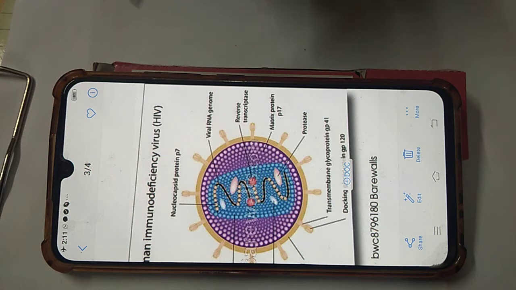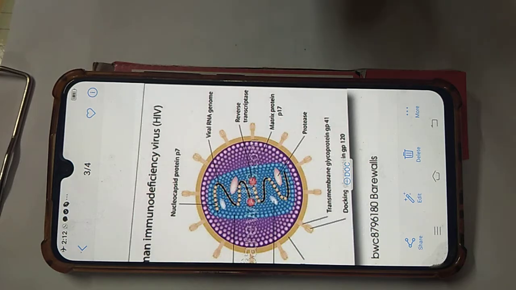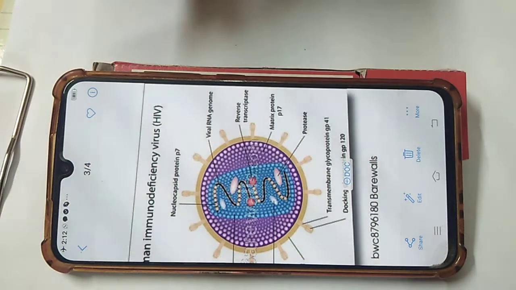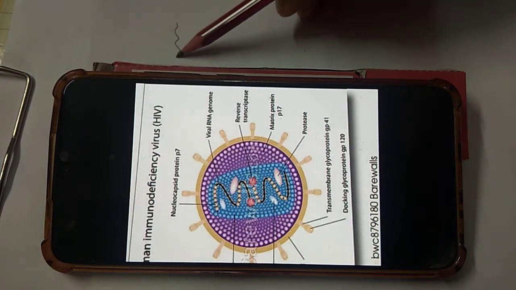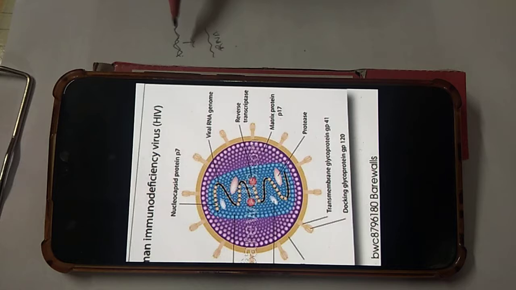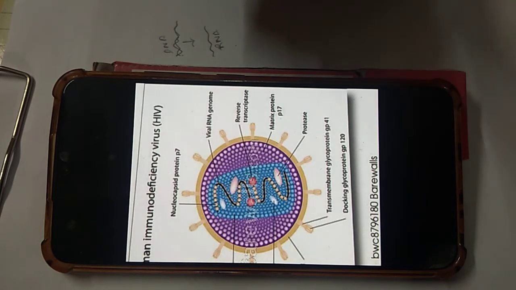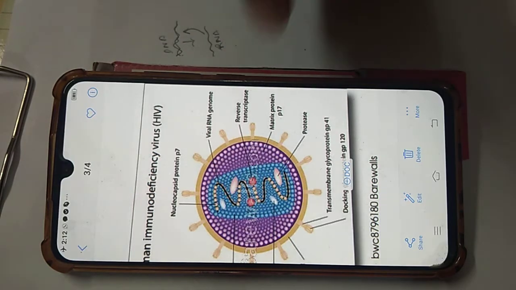Reverse transcriptase helps in reverse transcription. What is transcription? You have learned in your other chapter. Transcription is the process where, from a DNA molecule, an RNA molecule is synthesized. Here the reverse takes place. From RNA, DNA is made, and that is done by this particular enzyme, reverse transcriptase.